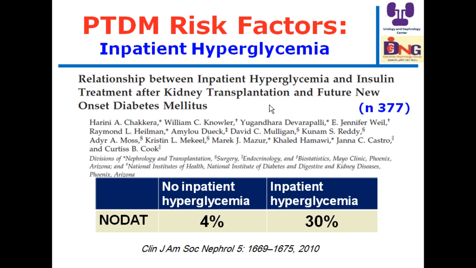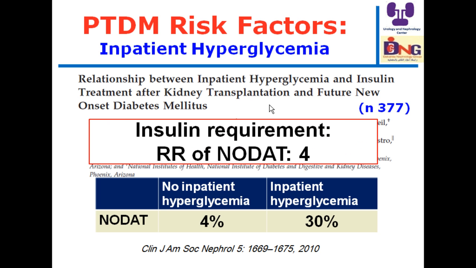So we should follow up these patients by concentrating on their follow-up. And if these patients who developed inpatient hyperglycemia require insulin, the relative risk of new onset diabetes increased 4-fold. So it is better to know the history and the follow-up of the patient.